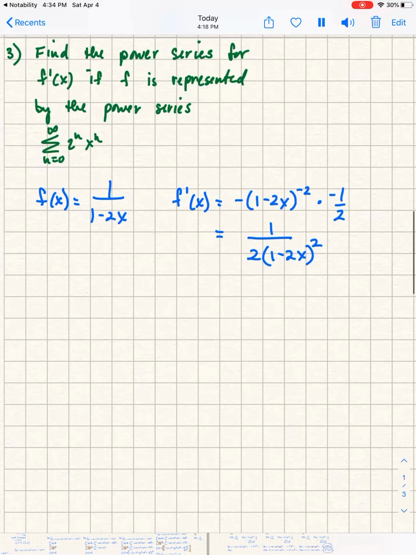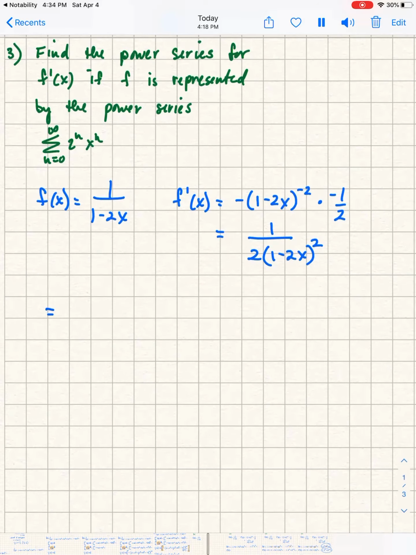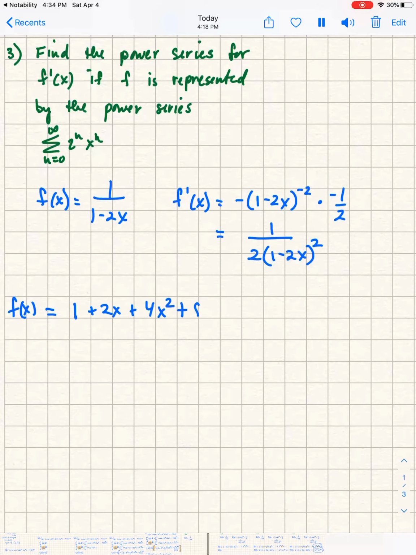I'll go back to that in a second, but when we go back to the terms we had that represented this function, f of x, we wrote them down as our first term was 1, and then we had plus 2x plus 4x squared plus 8x cubed plus dot dot dot, and then I had it written this way to help us with integral. So let's keep it the same thing.